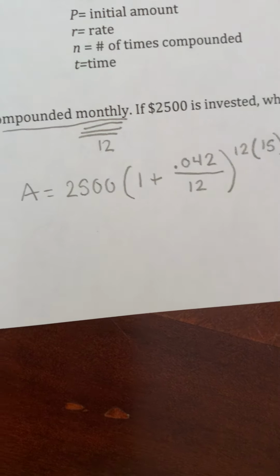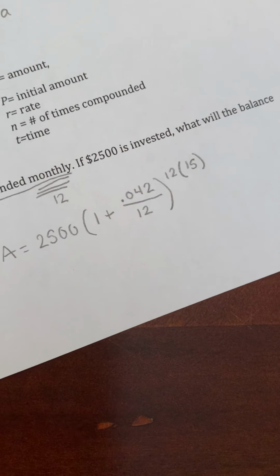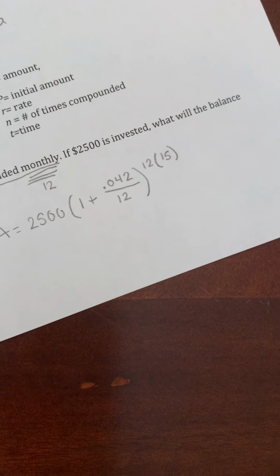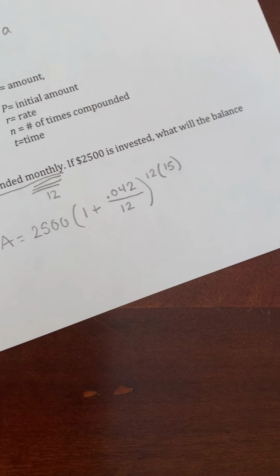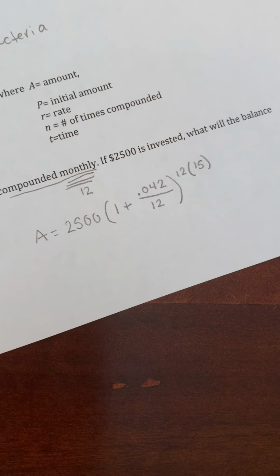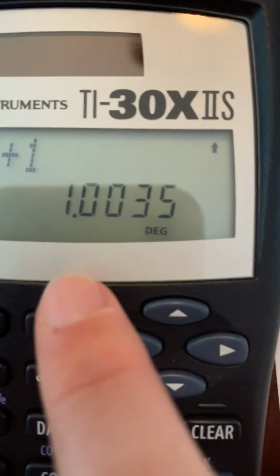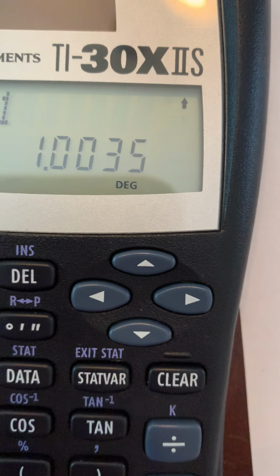We'll plug that into the calculator now. Make sure when you are doing this, you really watch the order of operations. Okay, so when I divide and add inside the parentheses, we get 1.0035.